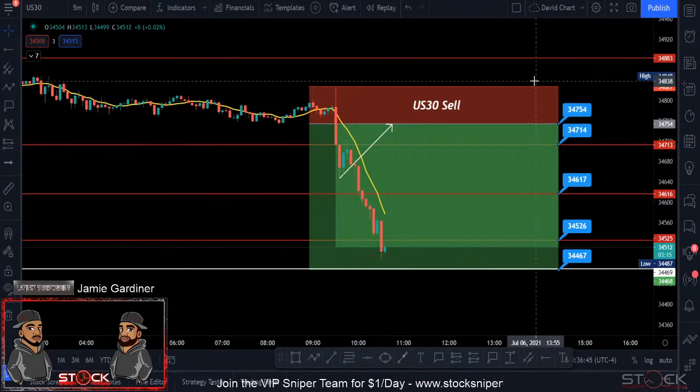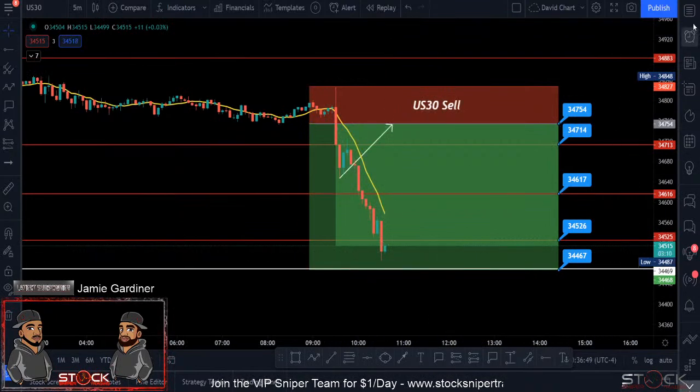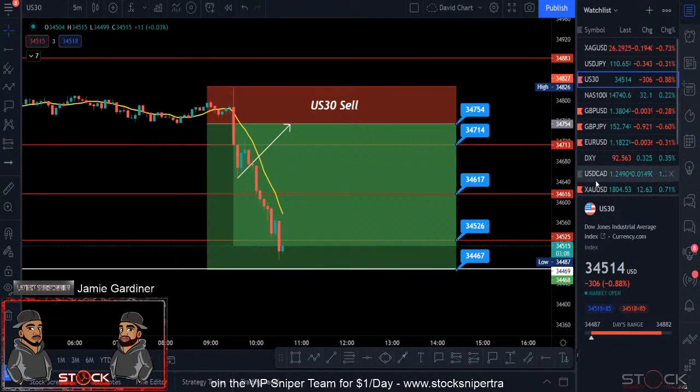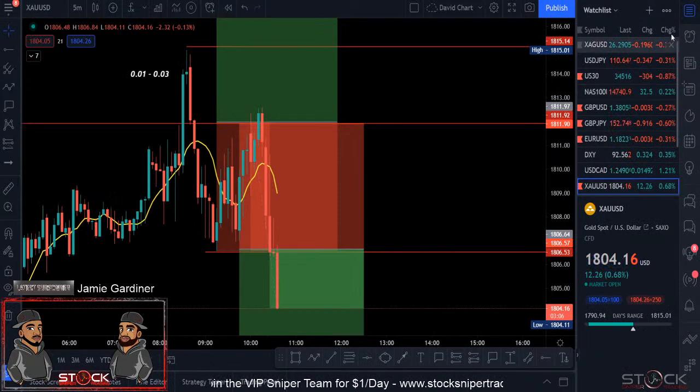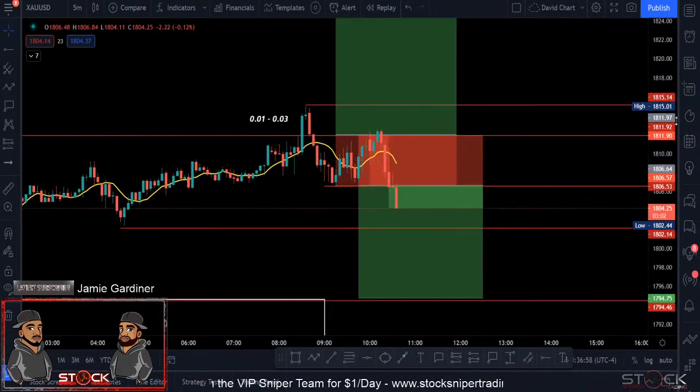Okay, so on US30, we're starting to get a retest now. Break, retest. We'll see if it's going to continue. Gold just tanked. Look at this. Very nice, very nice.